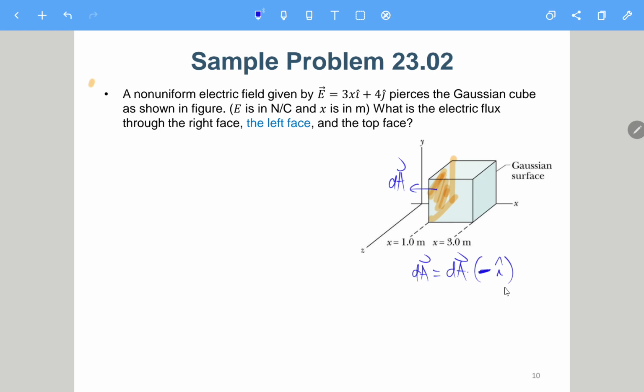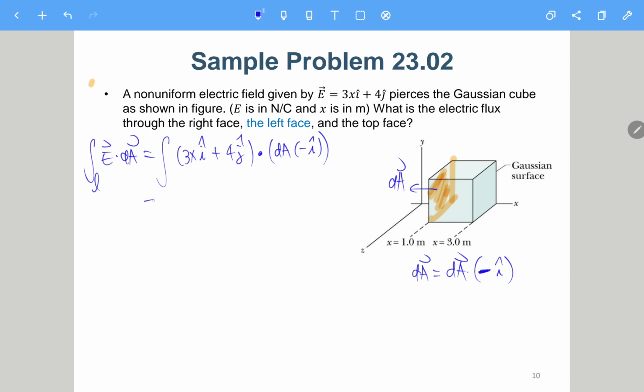So here we can do a similar thing. E dot dA for the left surface, we call it left. So here we have the integration of 3x i hat plus 4j hat, dotted with dA times negative i hat.